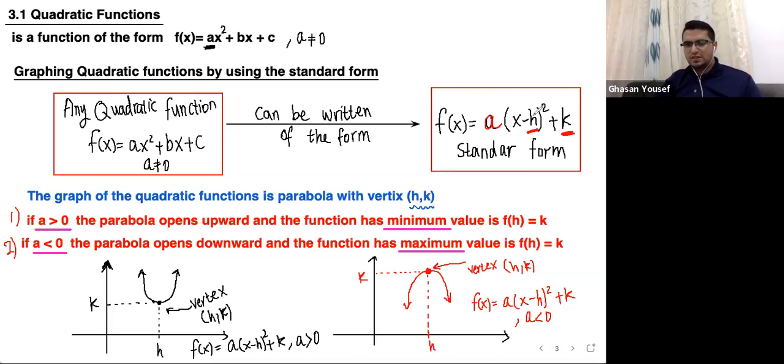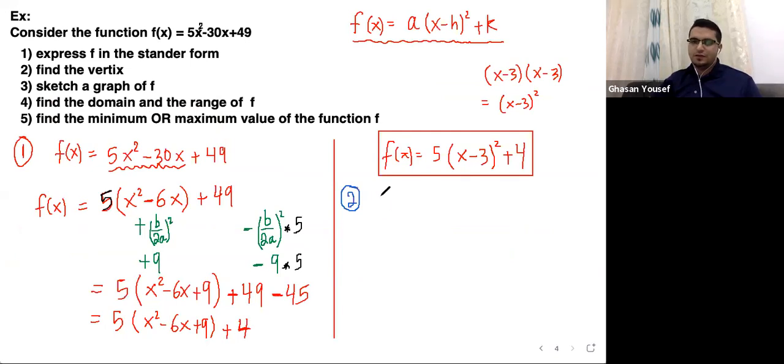The h is this, where we take the opposite sign, and the k is this. Exactly, 3 and 4. So the vertex is (3, 4). Here we have negative 3, so it should be the positive 3.